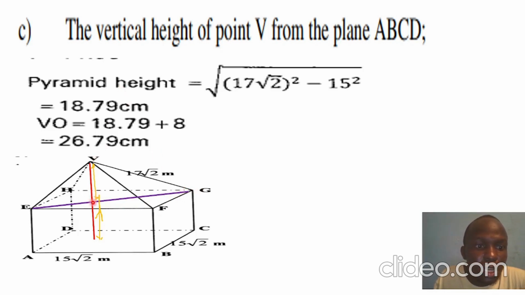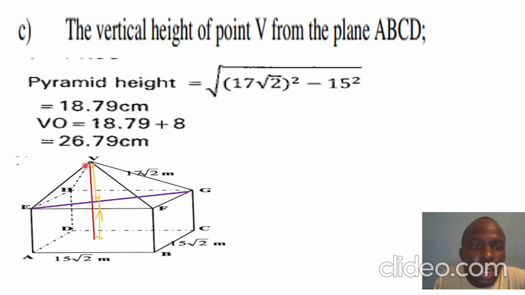So how do we get the height of the pyramid? The height of the pyramid is OV, which is the square root of 17√2 squared minus 15 squared. Remember, in this triangular formation, this is the longest side, this is the height, and this is the other shorter side.